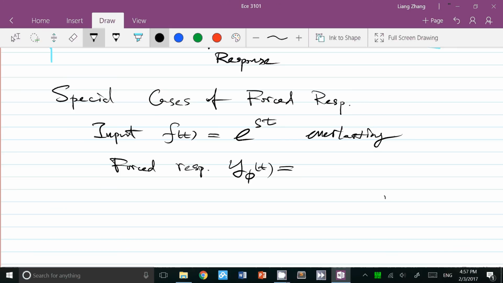It turns out the forced response will be equal to a constant beta times the same exponential signal, e to the st, where s can be any complex number as long as it's a constant. So the immediate question will be, what is the value of beta?